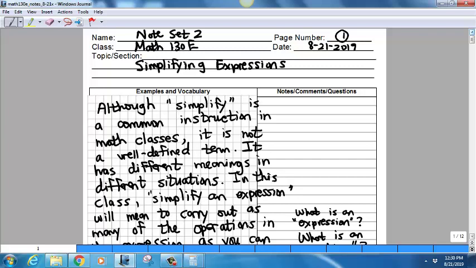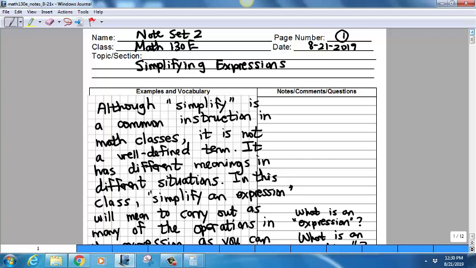So it's doing as much of the math as you can without having to get an estimate. That's what I mean by simplify. So when you've reached a point where you can't carry out the math operations in the expression by hand any further, then that's where you would stop. That's the end of the simplification.